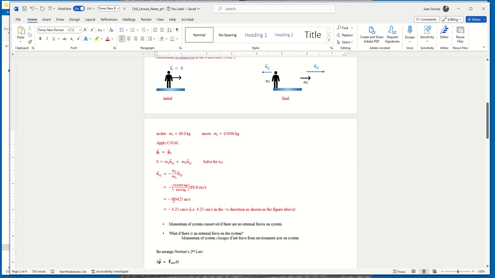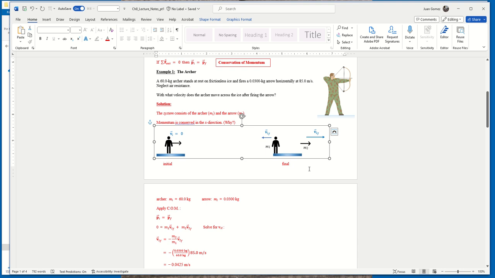I just happen to notice that 0.0425 meters per second is 4.25 centimeters per second. So V1 final is equal to negative 4.25 centimeters per second, which means it's 4.25 centimeters per second in the negative x direction, which we know from the figure above.